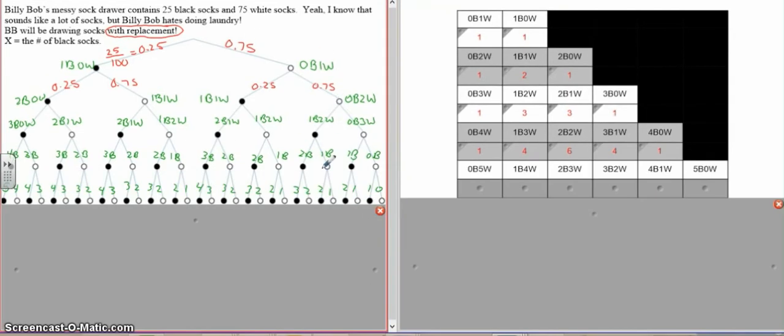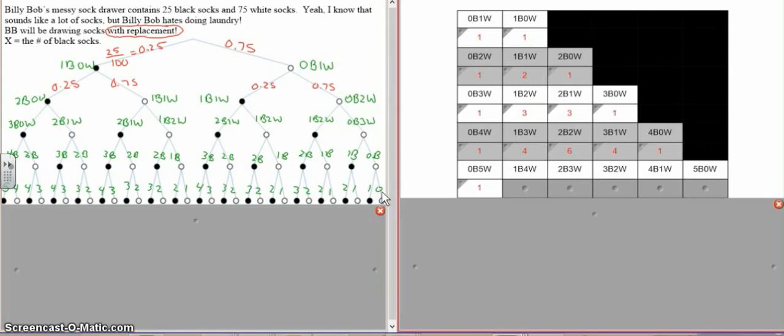Okay, this will be the last one we do. And I've conserved space even more, so now I'm just writing down how many black socks there are here. To get no black socks, you just have this one branch. To get 1 black sock, you've got 1, 2, 3, 4, 5 branches.